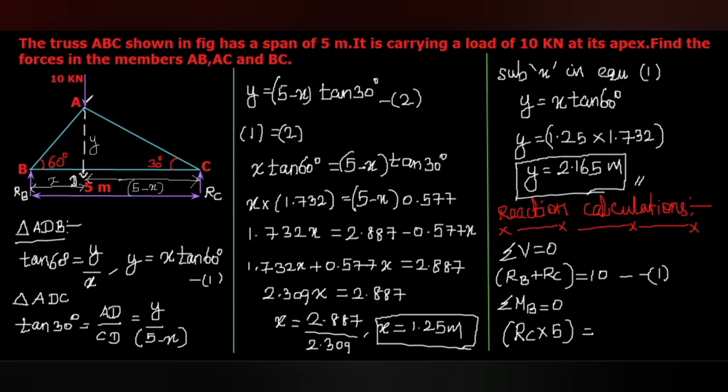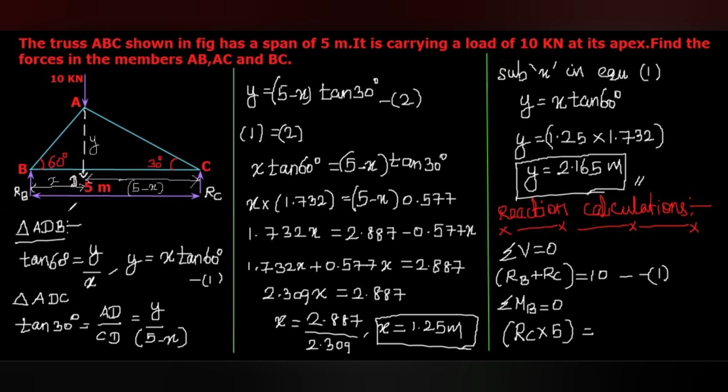As I mentioned earlier, this can be considered as acting at point D also. So this 10 kilonewton is acting through this line. So 10 kilonewton, that's downward, and the distance between the point D and B, that is X. So 10 kilonewton multiplied with X, that will be clockwise.